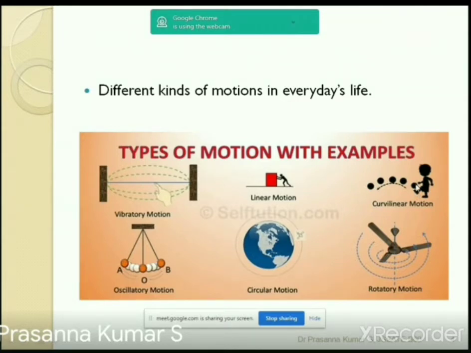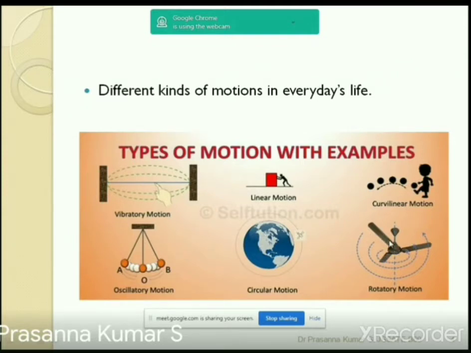When he kicks the ball, it goes curvilinearly and somewhere it stops. In these two cases, the particle has been displaced from one point to the other. So we can say that this kind of motion is translatory motion. Coming to this fan, when you switch on the fan, the wings of the fan keep rotating about the axis.